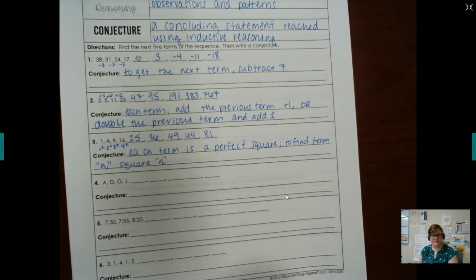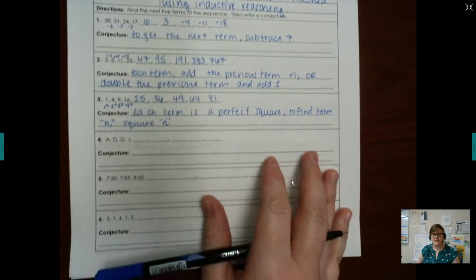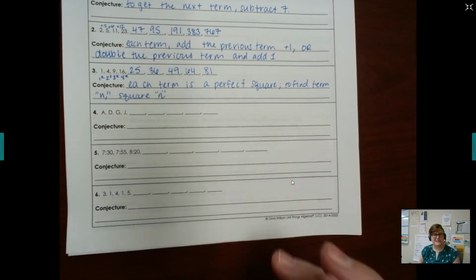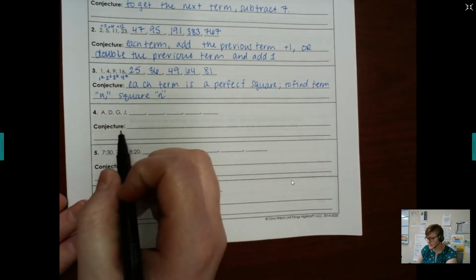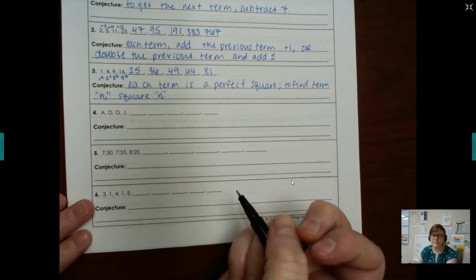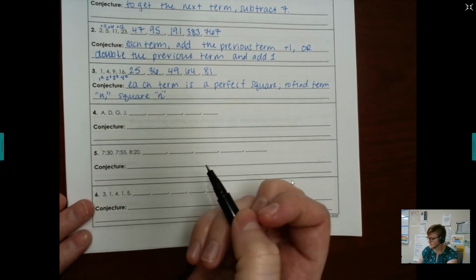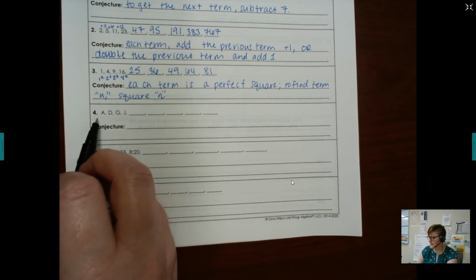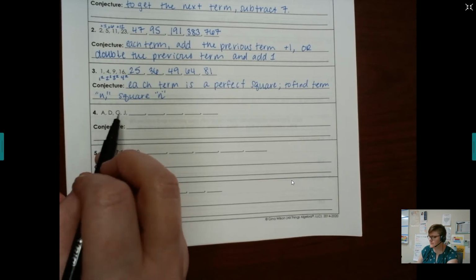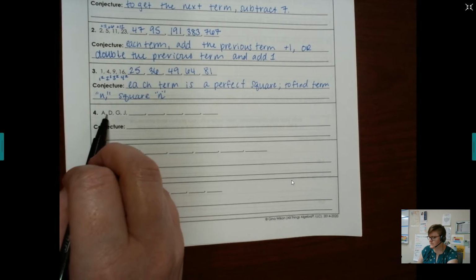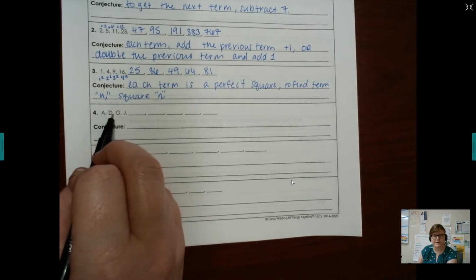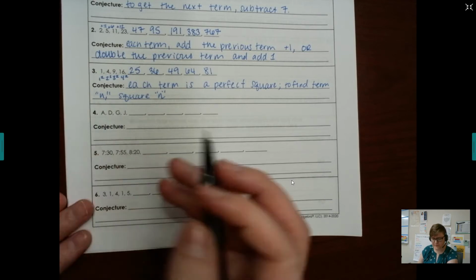Next, it's got letters, so we're not talking about numbers as much anymore. We're looking at some letters now because you don't have to be talking about numbers to do a sequence. So we've got A, D, G, and J. It looks like we skipped 2 letters here, we skipped 2 letters, and we skipped 2 more letters.